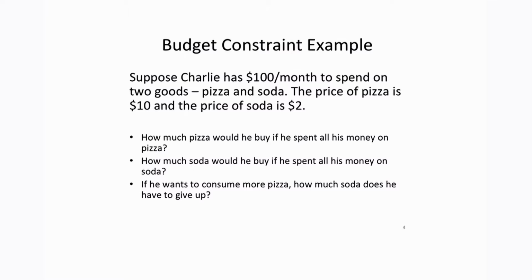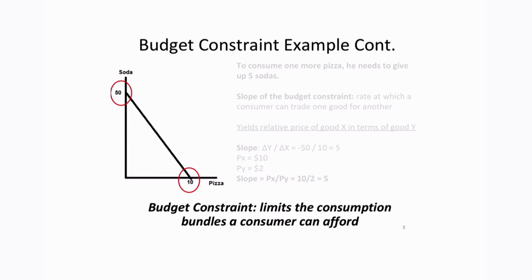The budget constraint will be a combination of his consumption of pizza and soda based on his income or allotment of income to pizza and soda each month. So as you can see here, the budget constraint is going to look at and connect the maximum points of consumption between pizza and soda. If he spends all of his $100 on soda, then he's going to consume 50 units of soda.